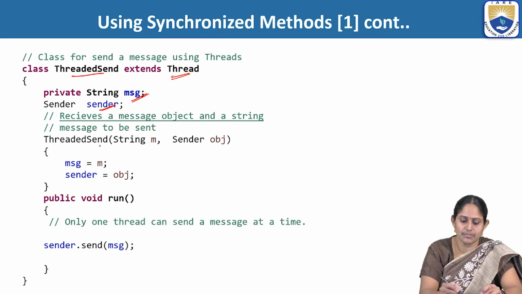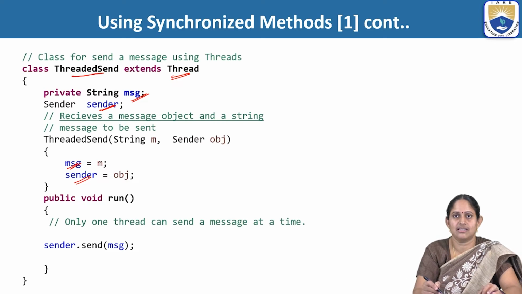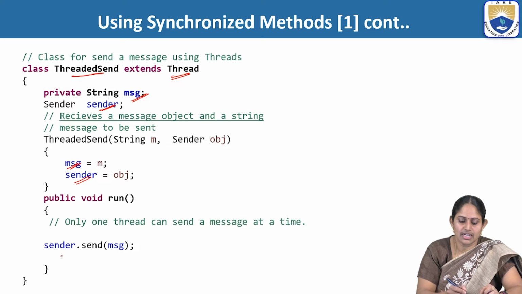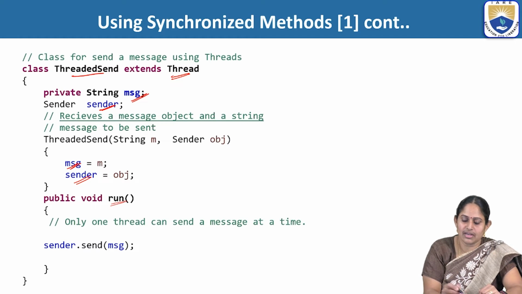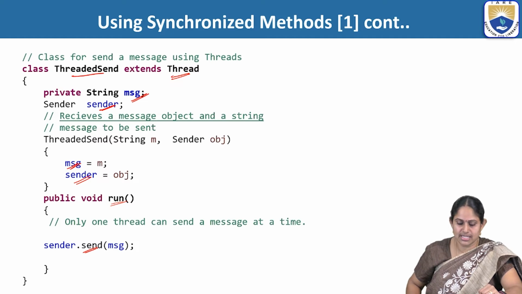Whatever message is being sent to it is stored in its message, and we are initializing the sender object. Now once the thread starts executing, the message is being passed to the send method.